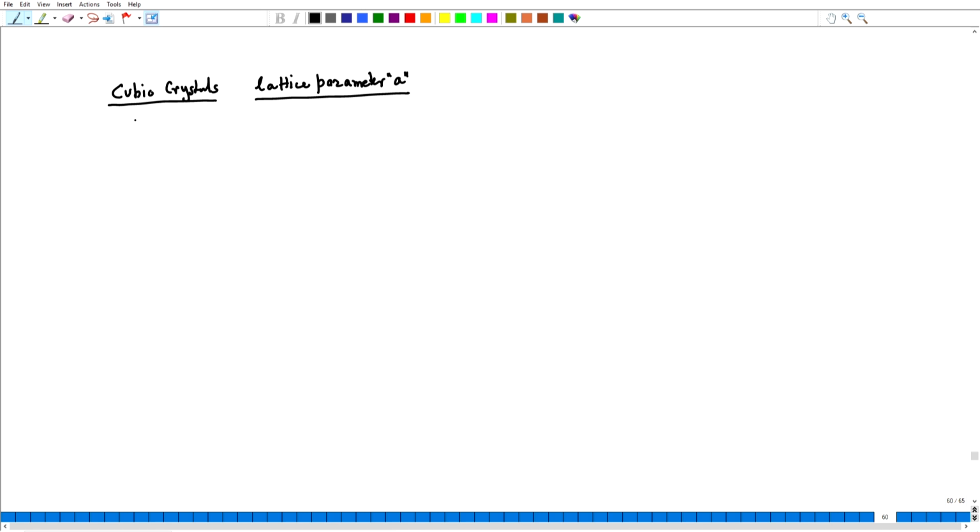Now, let us take copper, its lattice is FCC, the lattice parameter is 0.362 nanometers, or in another unit it could be written as 3.62 angstroms.